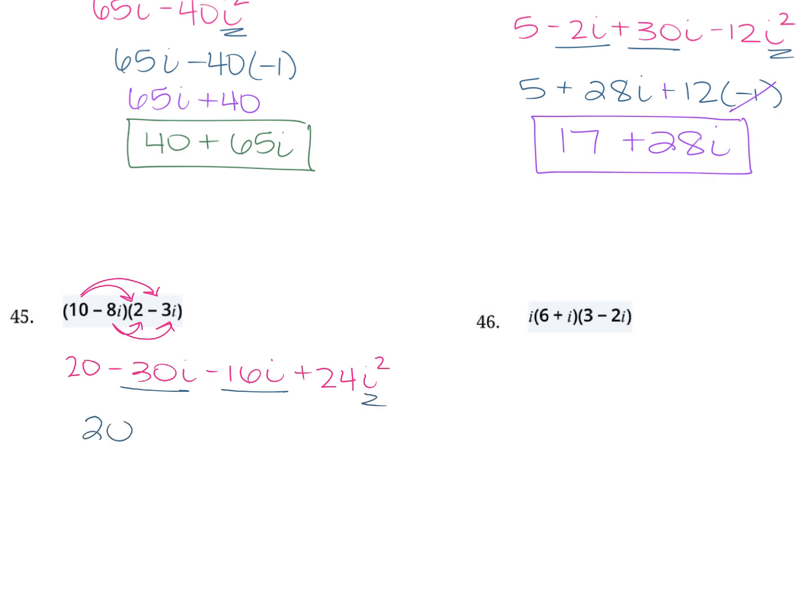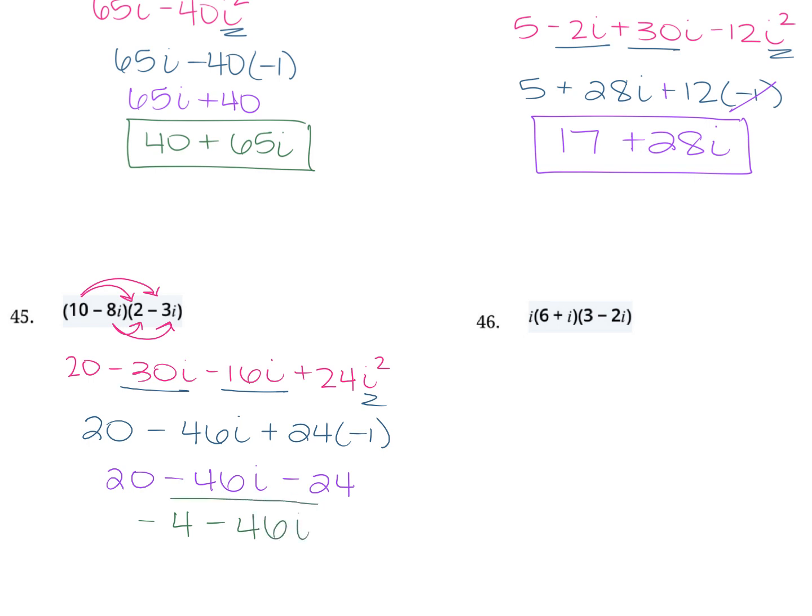That's going to give you 20 minus 46i plus 24 times negative 1. The 24 times negative 1 makes this negative 24, so that's 20 minus 46i minus 24. 20 minus 24 is negative 4, so it's negative 4 minus 46i.